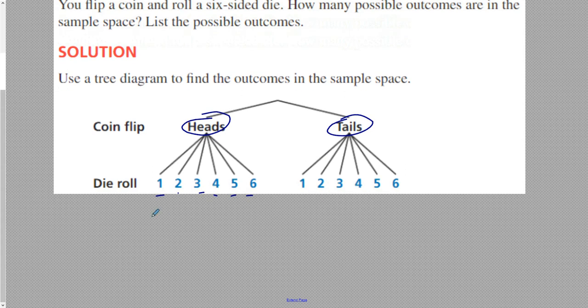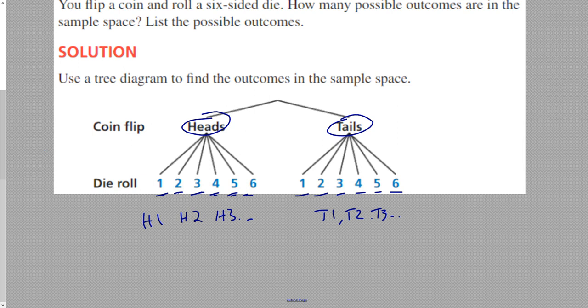So each outcome would be like heads and a 1, heads and a 2, heads and a 3, etc. Or tails and a 1, tails and a 2, tails and a 3, right? So there's going to be 12 total. 1, 2, 3, 4, 5, 6, 7, 8, 9, 10, 11, 12 possible outcomes of flipping a coin and rolling a die. That would be the sample space.